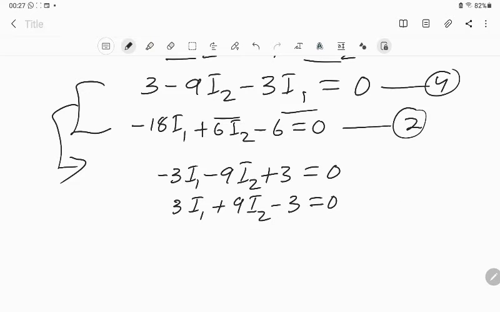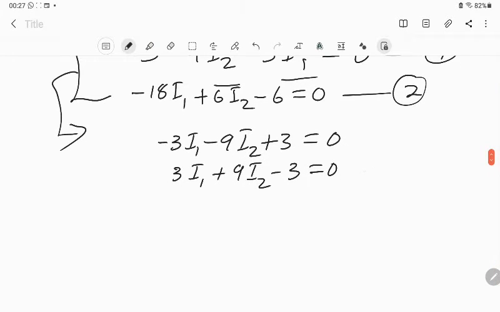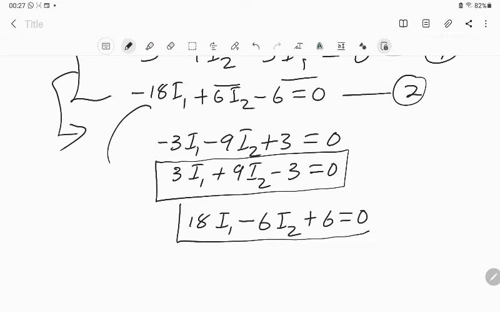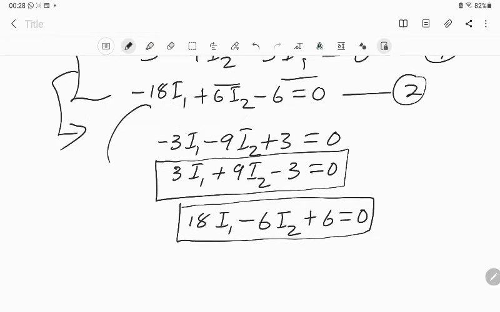And from equation 2, 18I1 minus 6I2 plus 6 equal to 0.